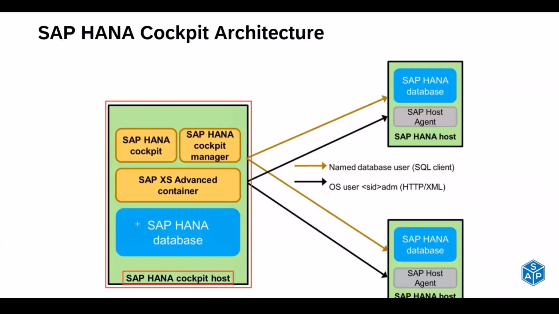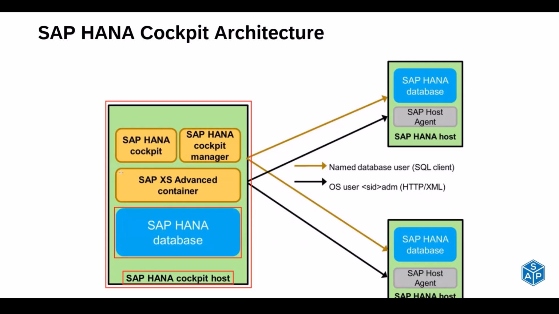Here it consists of a HANA database, and this is not your normal HANA database. As I told you, HANA cockpit is based on your SAP HANA Developer Edition. So this is a minimal version, you can say a slimmed down version of the normal HANA database. The base or backend system is a HANA database.